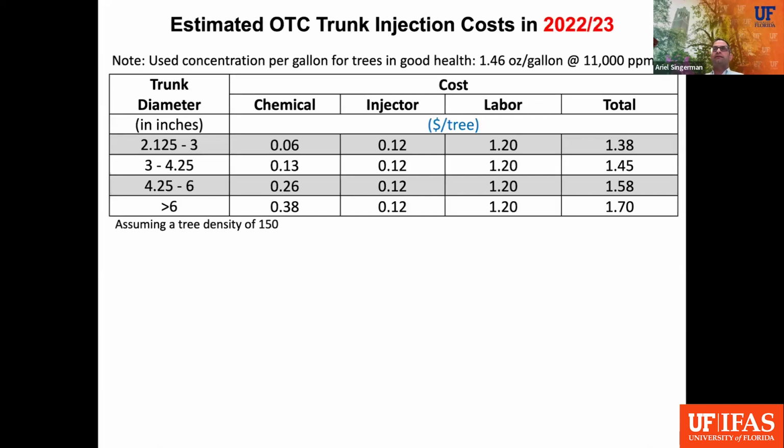And I am assuming that the labor is $1.20 per tree. Now, I am aware that growers can have lower costs than this. But what I'm considering here is, if you will, what would a caretaker charge?